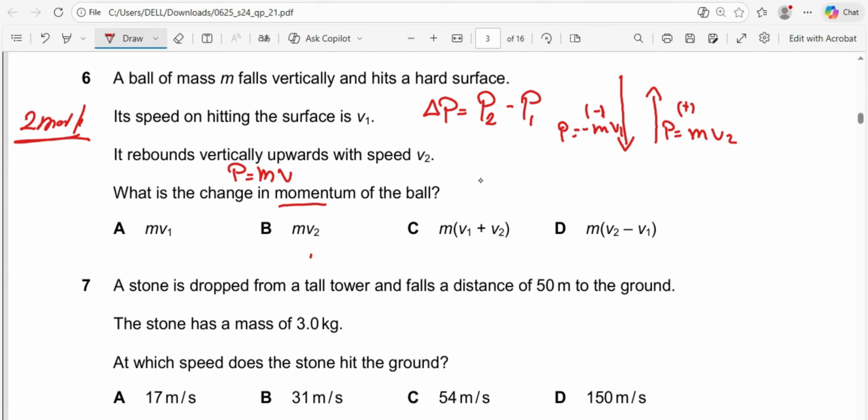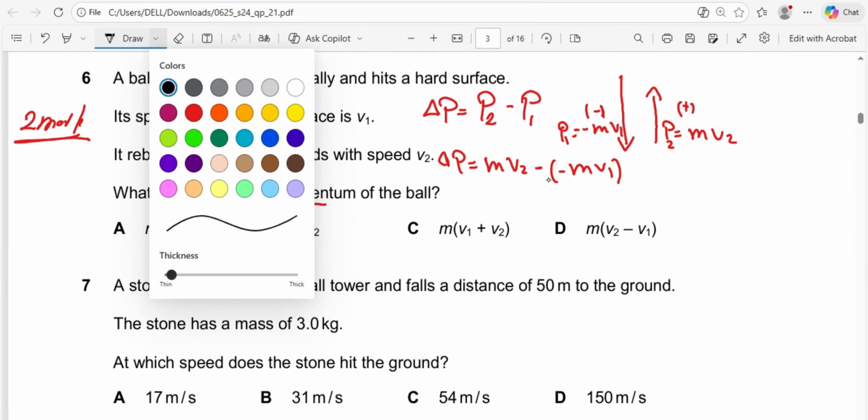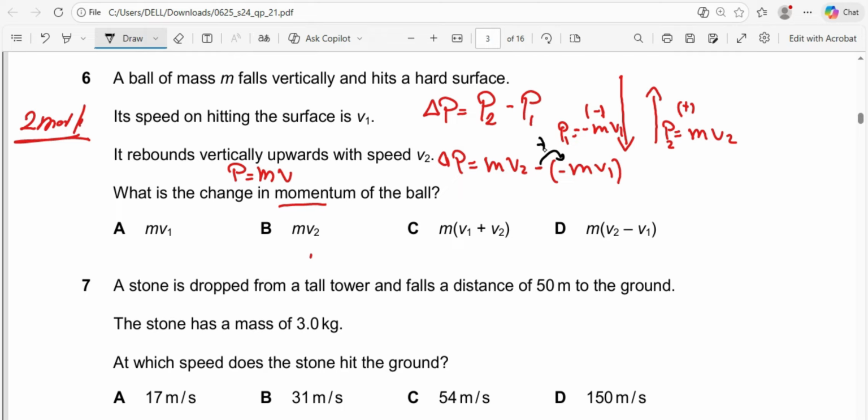So if we apply the rule, delta p is equal to p2 minus p1. p2, which is the rebound, is mv2, minus p1, which is minus mv1, and minus times minus would be positive, so mv2 plus mv1.